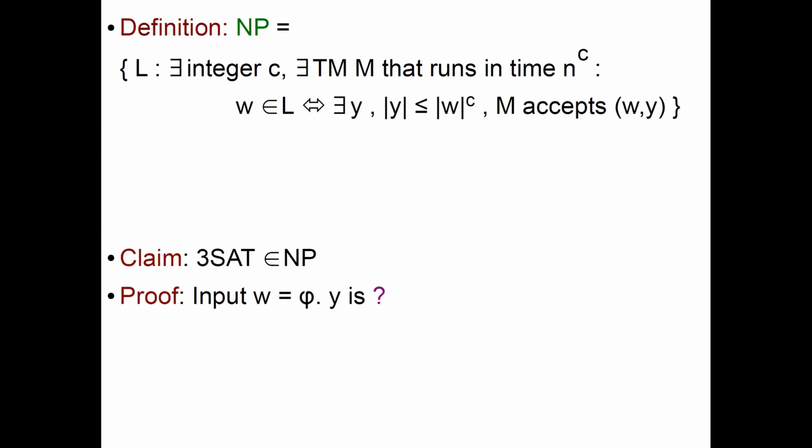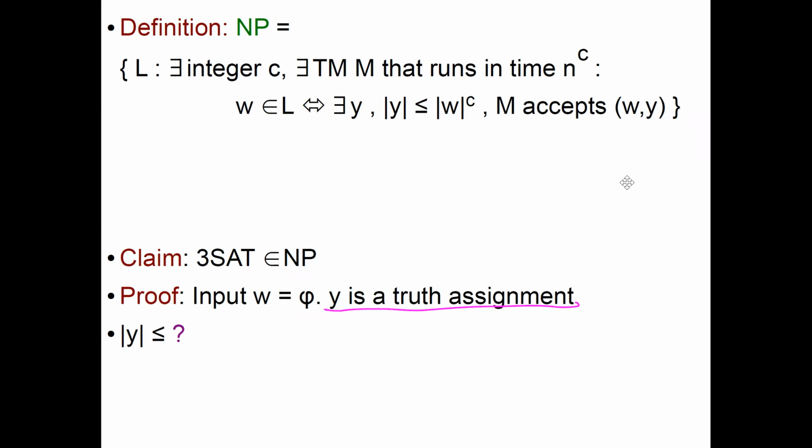So here is our definition of NP, and then we're going to see that many problems that we saw earlier are in NP. For example, I claim that 3SAT is in NP. So the input here is a formula, phi. What is y? y is a truth assignment for the variables. What's the length of y? What do you think?